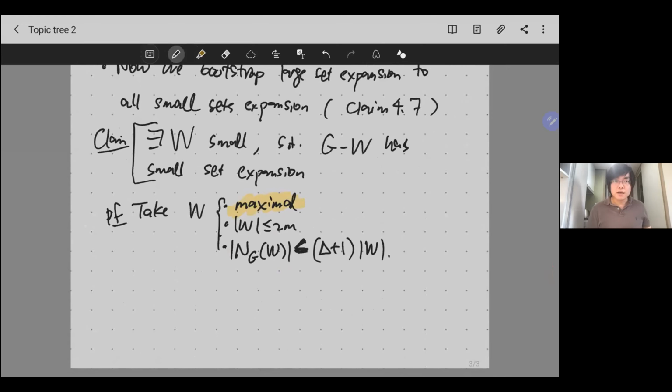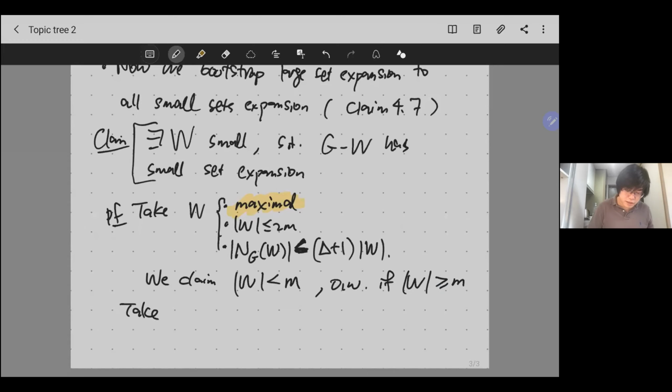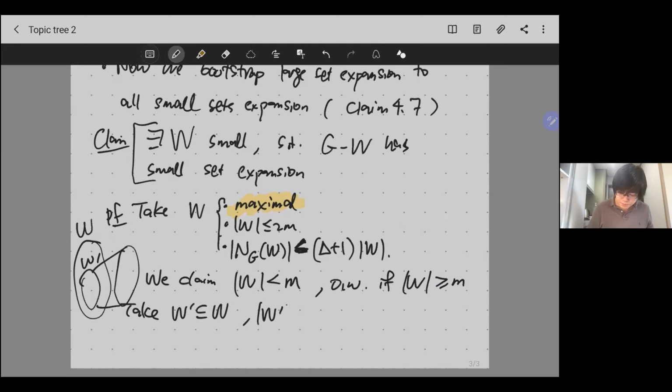So how do we do that? Well, first we claim that W, under this condition, must be less than m instead of 2m. This is basically large set expansion, because otherwise, if W is at least m, what you can do is you take W prime in W, and look at the external neighborhood of W prime of size m.